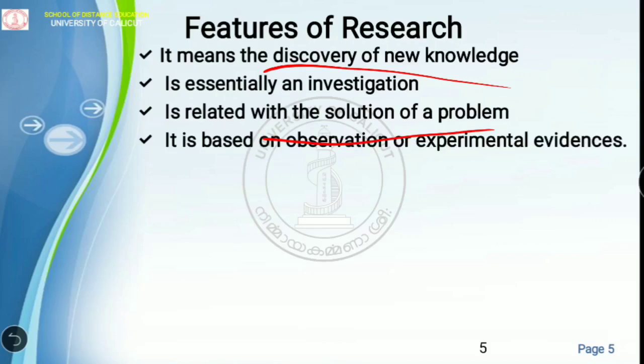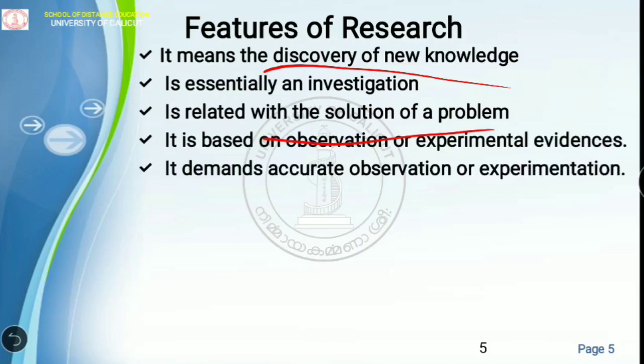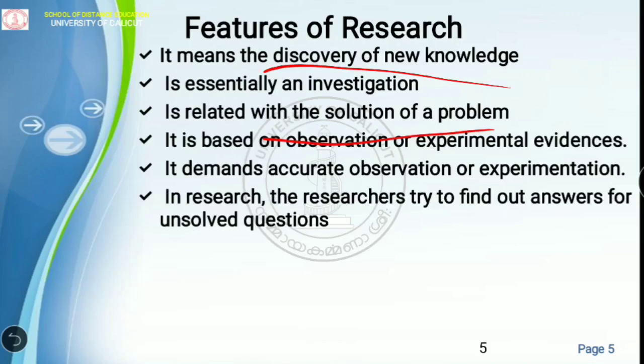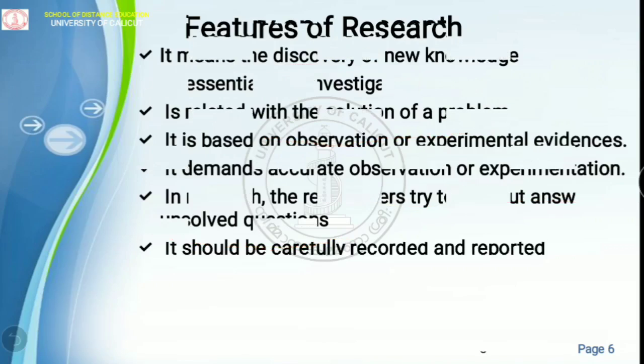It is based on observation or experimental evidences, and it demands accurate observation or experimentation. In a research, the researchers try to find out answers for unsolved questions. In front of the researcher, we have an unsolved question to be solved. These are the major features of the research.